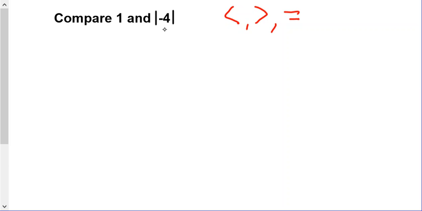Here we'll bring this down, and the absolute value is 4. So if we're going to compare numbers 1 and 4, the absolute value of negative 4 is greater than 1.